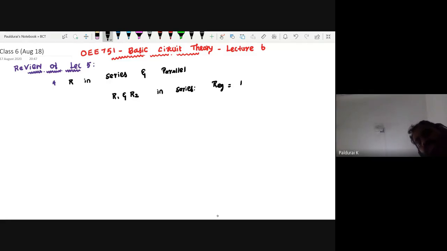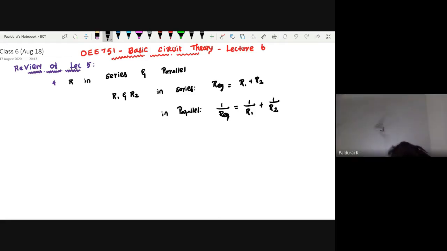R equivalent is equal to R1 plus R2. Similarly, in parallel, the reciprocal of equivalent resistance is equal to the sum of reciprocals of individual resistances. Similarly, you can go up to n number of resistances. This is point number 1.